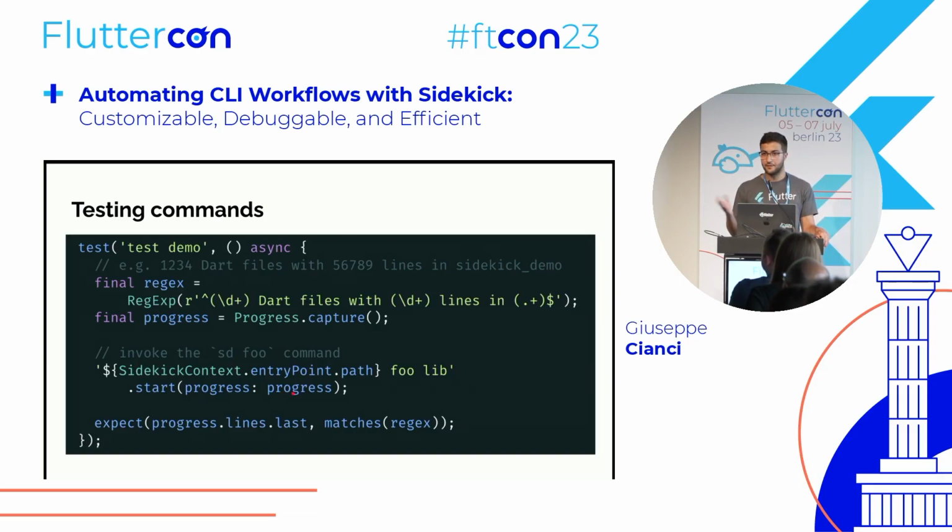So after it has run, I can check the output, so stdout, stderr, and the exit code. And here I'm checking the last line. It should match my regex. That's it, that's so easy to test. So it's very easy to test your own commands. I would have no idea how to do this with Bash.